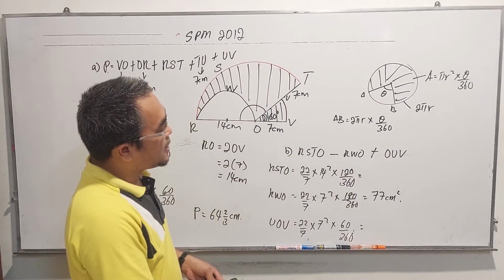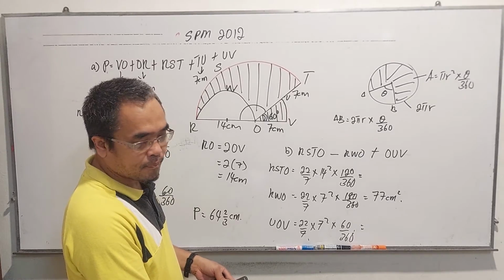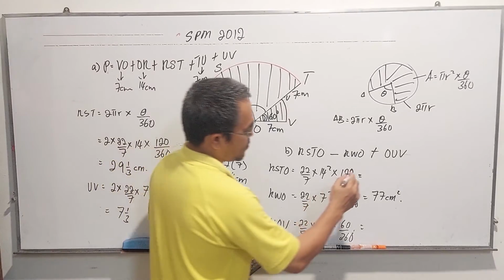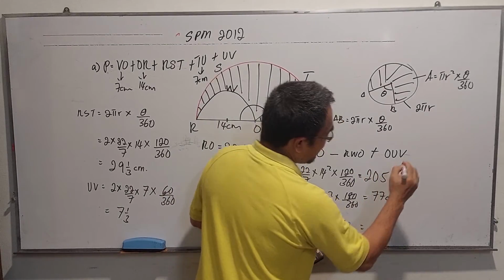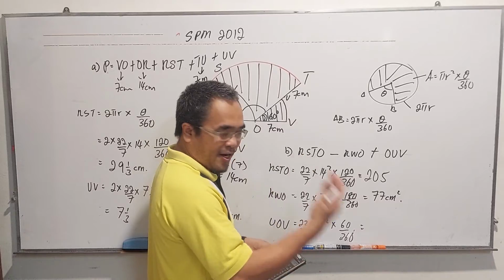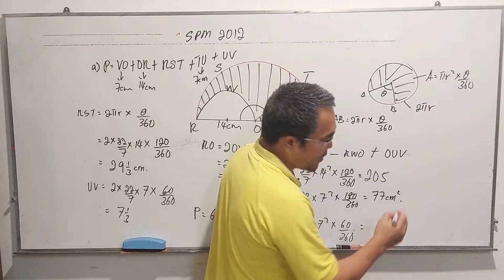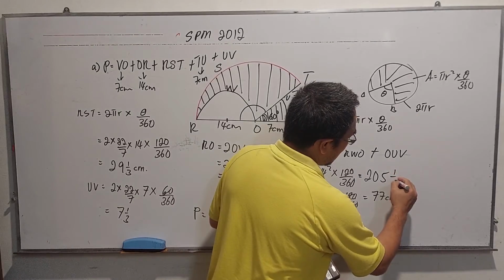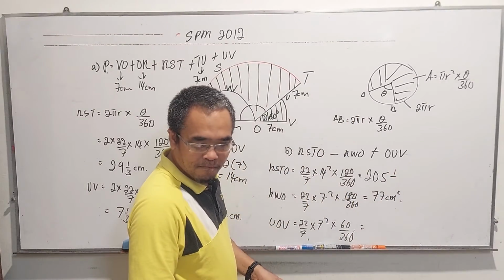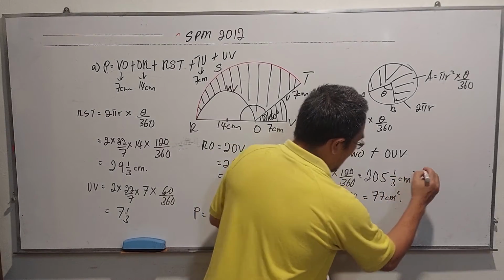Give me the answer as a mixed number. 205 1/3 centimeter squared.